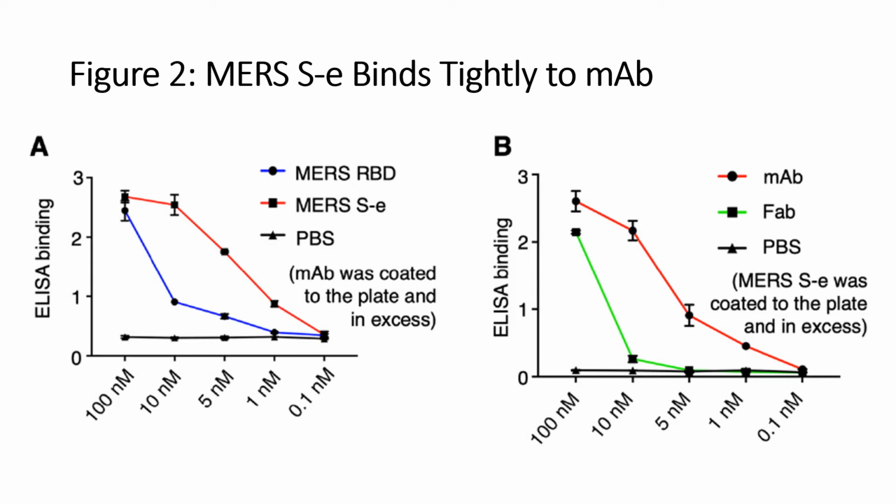The researchers claimed that this was due to the multivalent effects associated with the trimeric state of the ectodomain, and then they also tested it with PBS just to have a negative control and show that nothing binds with the control, but only to MERS.